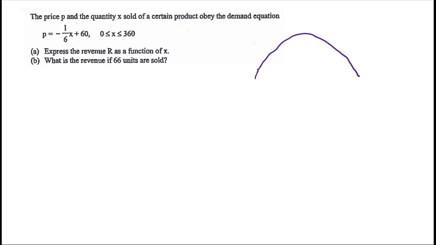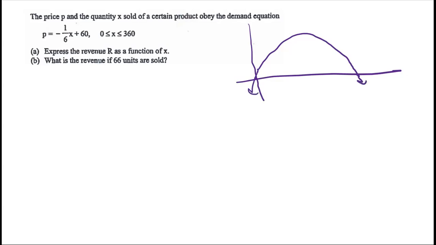I think particularly of a Taylor Swift concert: if she charges too much for the ticket, then not many people are going to buy because they can't afford it or it's not worth it to them, and so on and so forth. So you want to find the optimal price here.